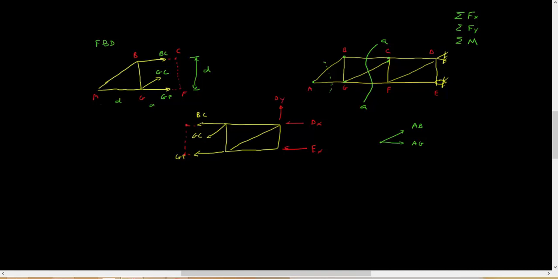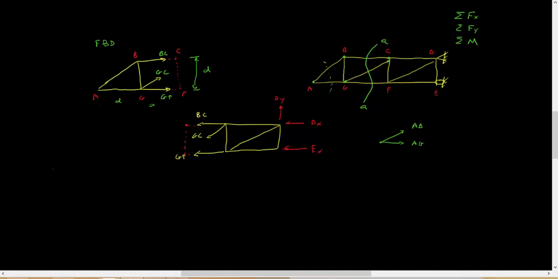So this would be your free body diagram on the right side, this would be your free body diagram on the left side. Something you really need to do when you're looking at these types of problems is consider what equations are best to solve for what unknown. Try not to solve simultaneous equations. More than likely you'll be able to find one equation where you sum your forces in the y and solve for one of the members.